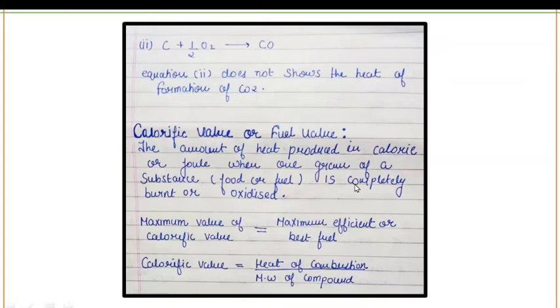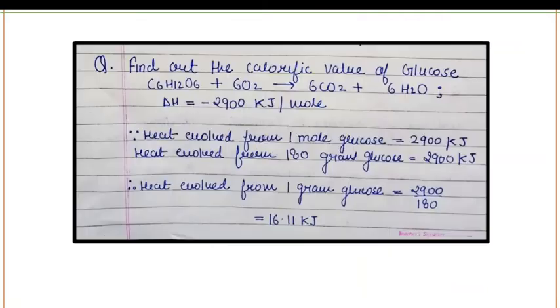This is very important: if a substance has the maximum calorific value, it is known as the best fuel. Calorific value equals the heat of combustion divided by the molecular weight of the compound. Here MW represents the molecular weight.